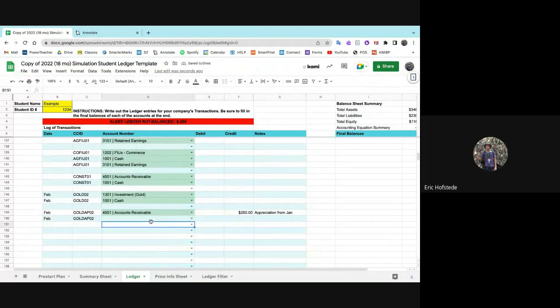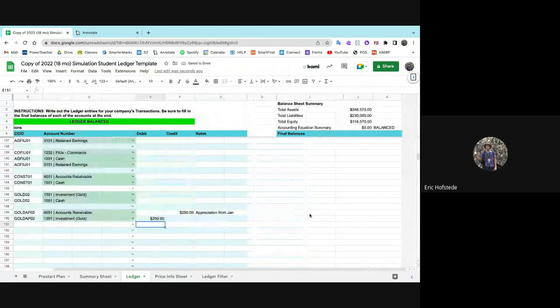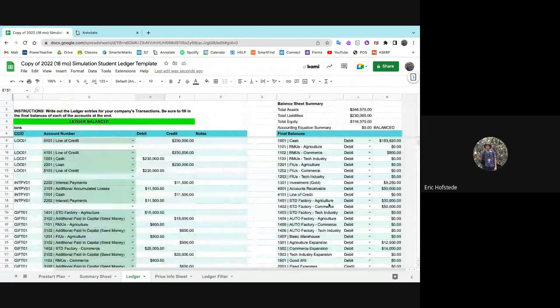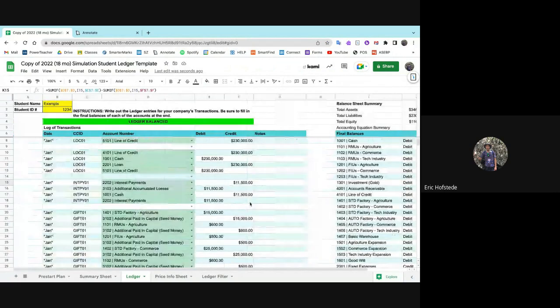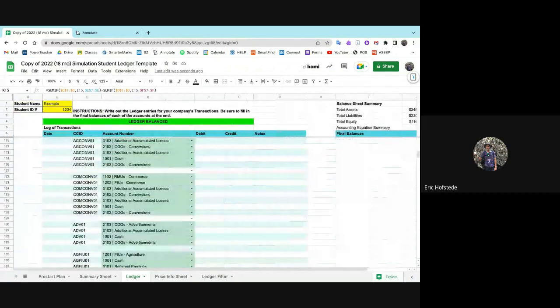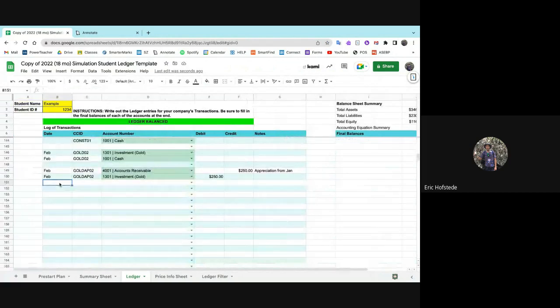And that's now turning into gold, my investment. Now I have an additional $250 in my gold, and I can double check that in the top right here under my gold investment. Now I have $5,250 stored up in gold, which now actually means that I need to further appreciate.